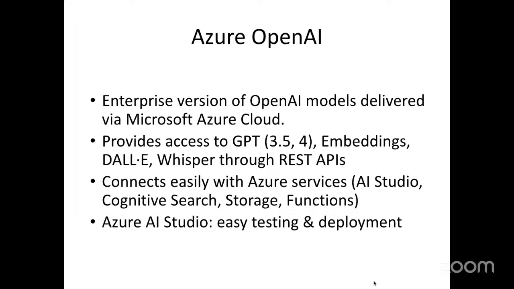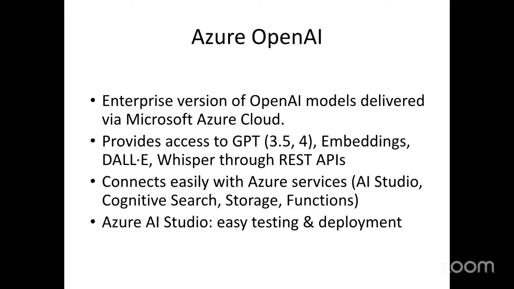Apart from this, in the cloud we have Azure OpenAI. This is an enterprise version of the OpenAI models which we can use via the Microsoft Azure cloud. What is Azure OpenAI? It provides multiple models in the cloud. Suppose you are going to create an agentic AI system, where will you get the brain?